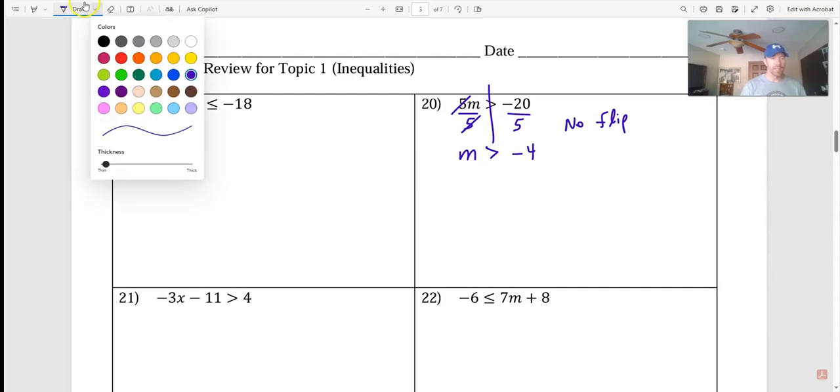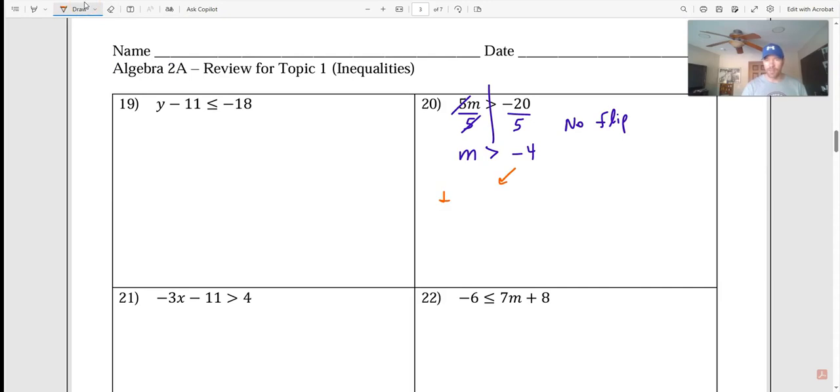So let's check, is negative 4, is that the correct number? Is negative 4 correct? Should it have been something else? Well, it would make the two sides equal. That's the trick. That's what a lot of students miss.